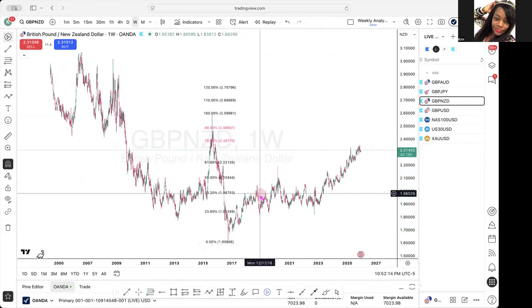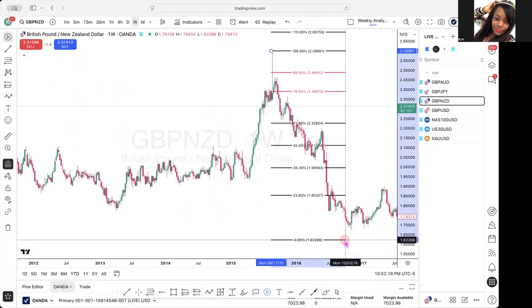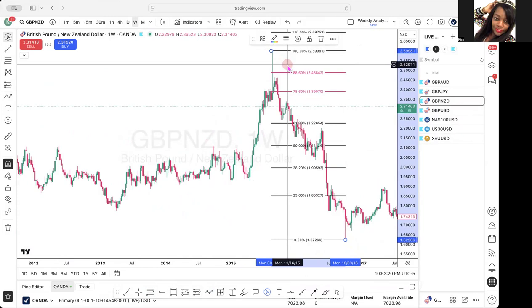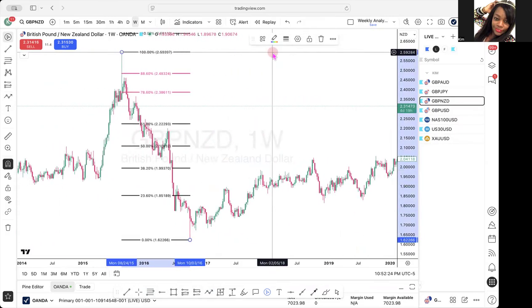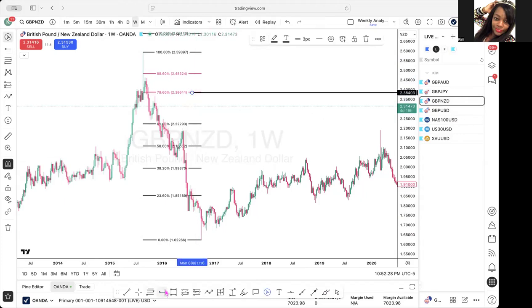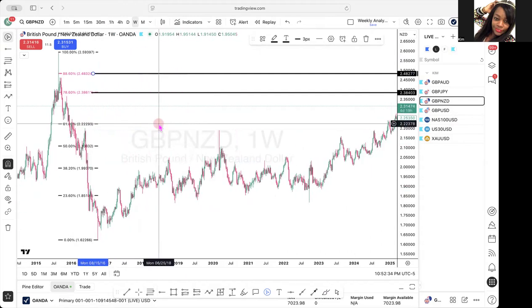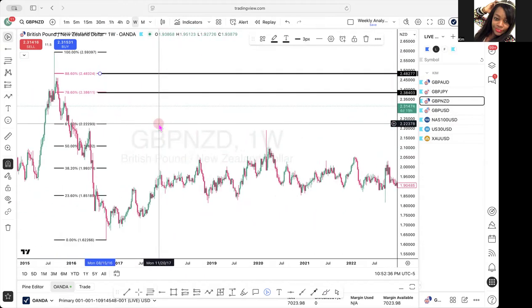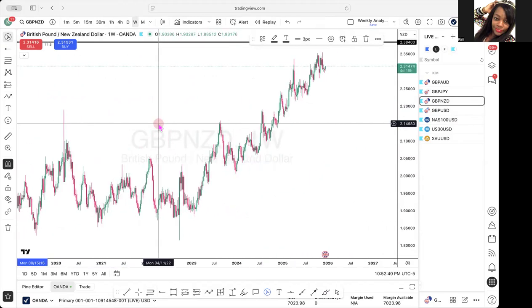So we're in this leg of structure. So I'm just going to put the 78 and the 88 here, just so I can see where we are. Okay. So we are close to the 88.